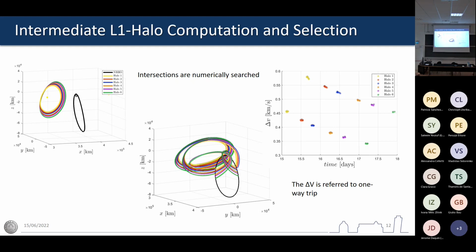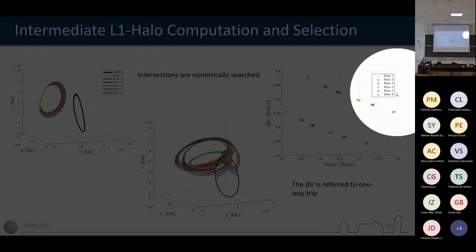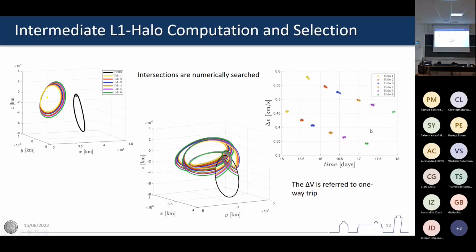So we numerically computed different intermediate halo orbits around the Lagrangian point L1, and then we numerically computed the delta V necessary to go from the parking orbit with the unstable manifold to the NRHO and back. And as you can see here, the most convenient one is the green one.